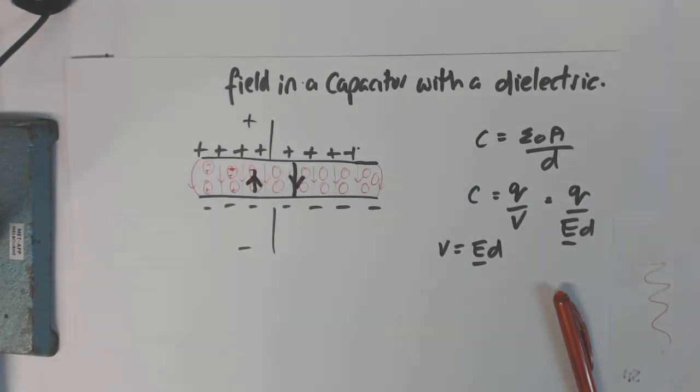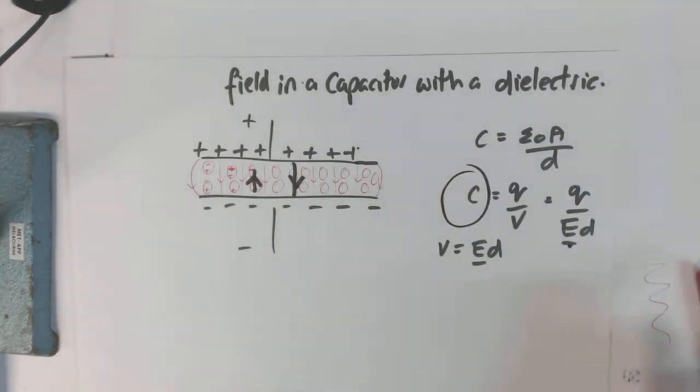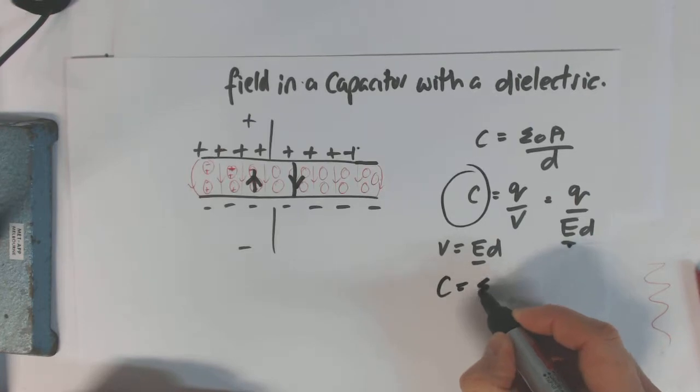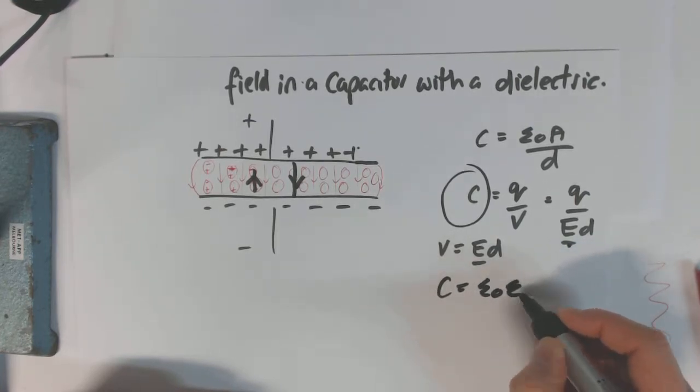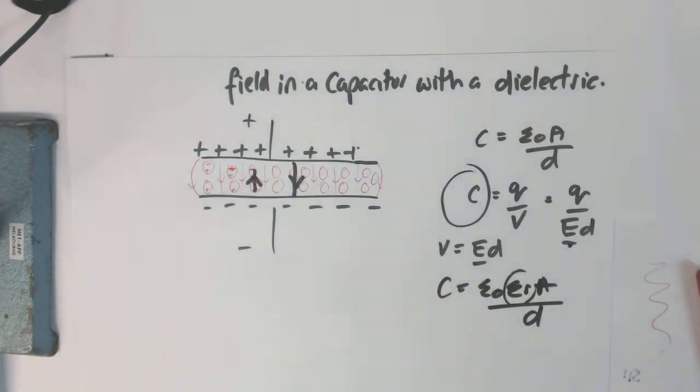So that electric field from the dielectric opposes the electric field from the capacitor from the charge on the plate. We get a decrease in E and an increase in capacitance, and so we often see that written as epsilon naught epsilon r A over d, this being the sort of ratio with which that is increased.